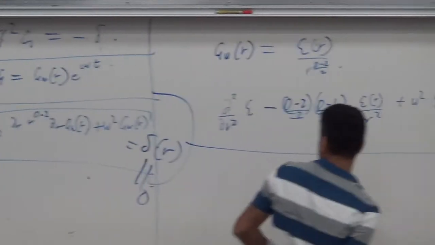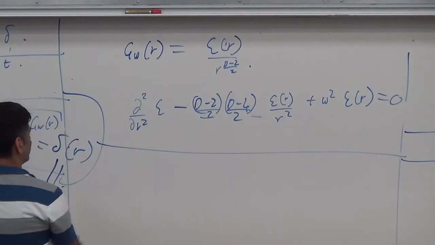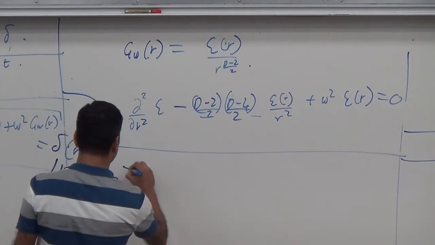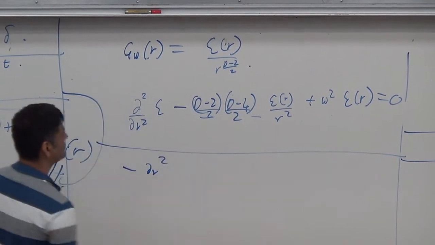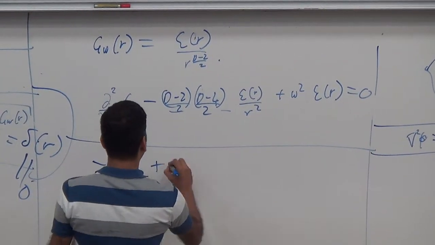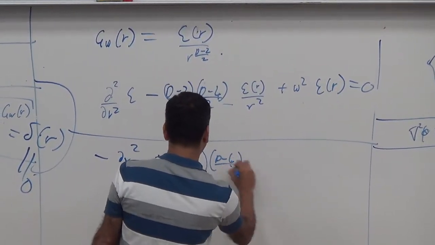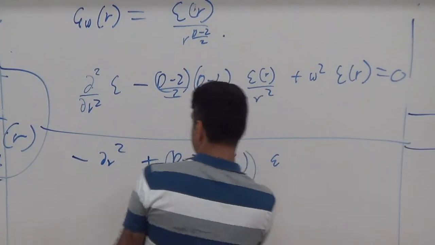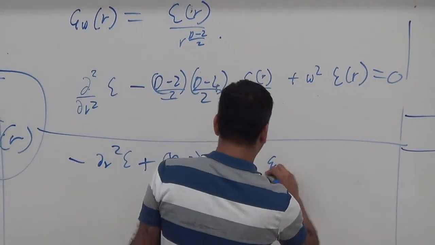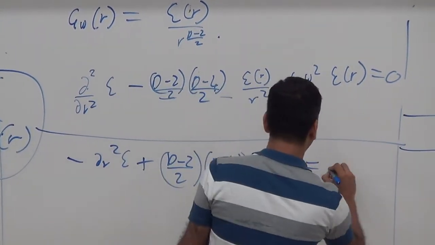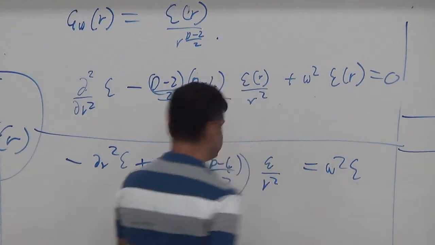Now I want to write it like a Schrodinger equation. So first thing I do is write it as minus del r squared plus d minus 2 by 2 times d minus 4 by 2 over r squared, acting on zeta, is equal to omega squared zeta.